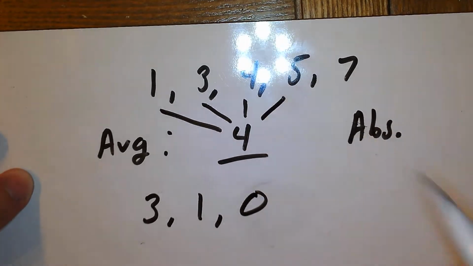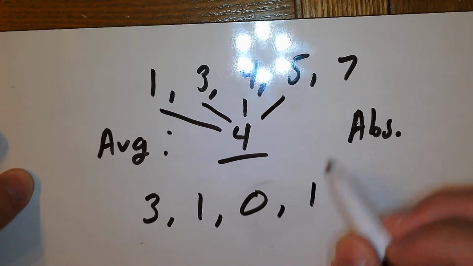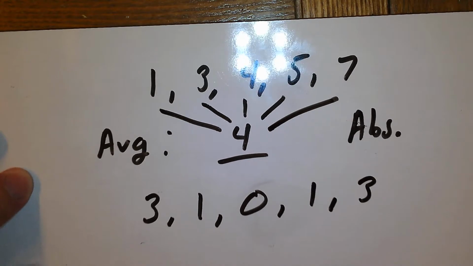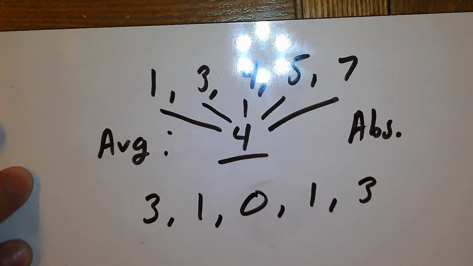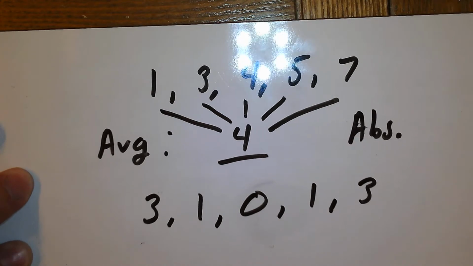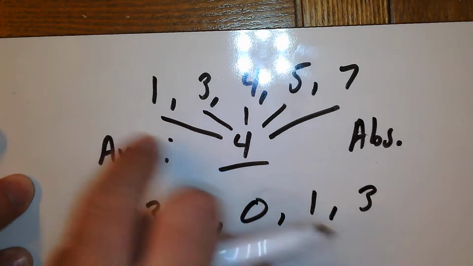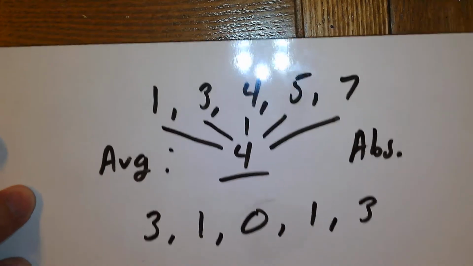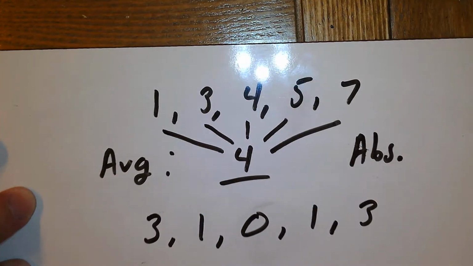There's a 1 number difference between 4 and 5, and a 3 number difference between 4 and 7. So we don't think of it as full-on subtraction. An easier way to think about it is just, what is the number difference between them?